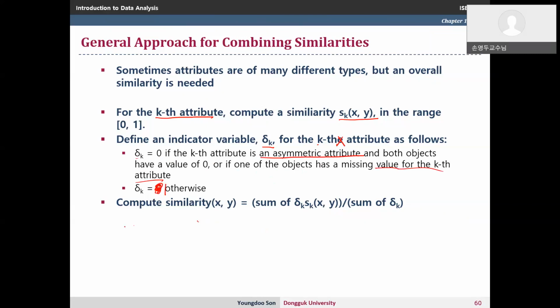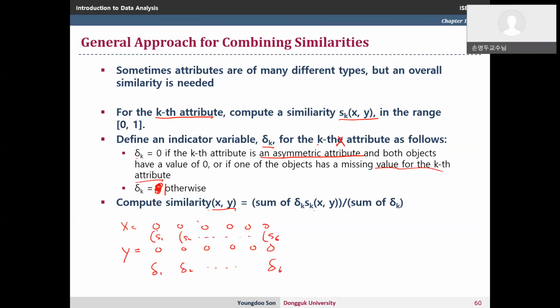Then the combination of the similarity of two vectors x and y is the sum of delta_k s_k over the sum of delta_k. So here, for example, x has six elements and y has six elements, and we have similarities S1, S2, up to S6, and deltas delta_1 through delta_6.